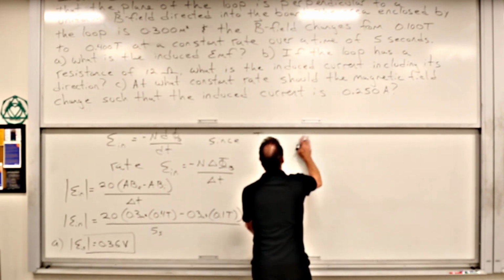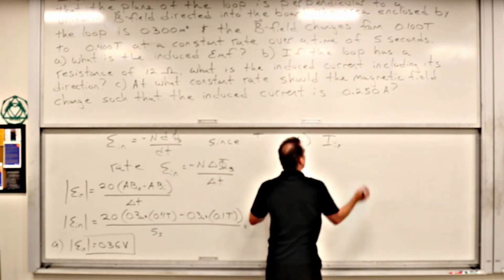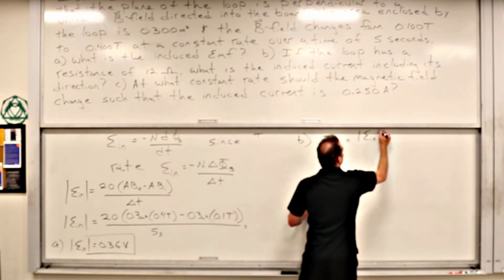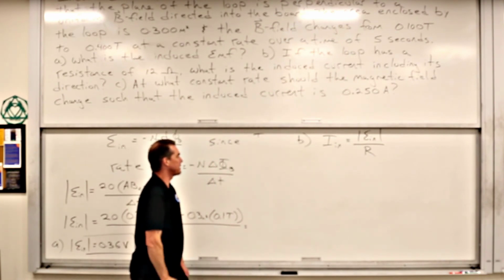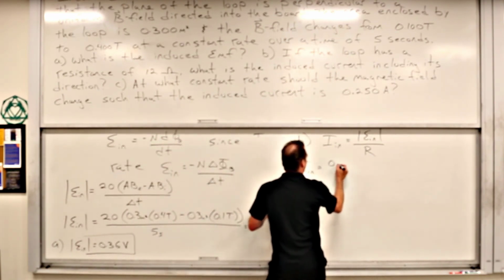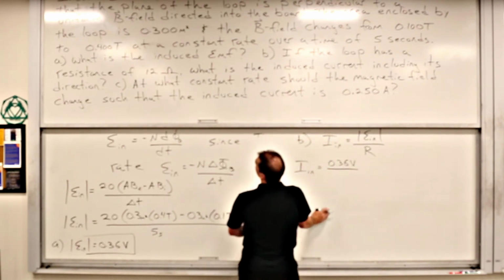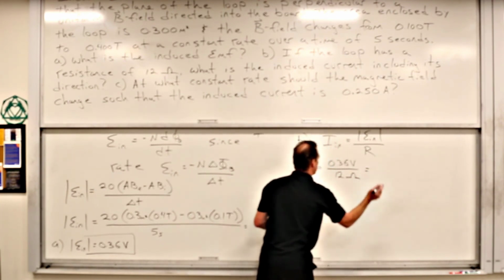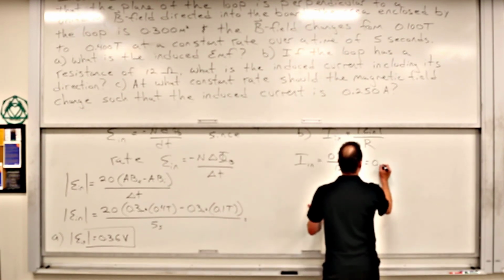So for part B, the induced current, I induced, is going to be equal to the induced EMF divided by the resistance. So simply, this is just going to be 0.36 volts divided by, let me say the resistance is 12 ohms. And well, that just gives us 0.03.